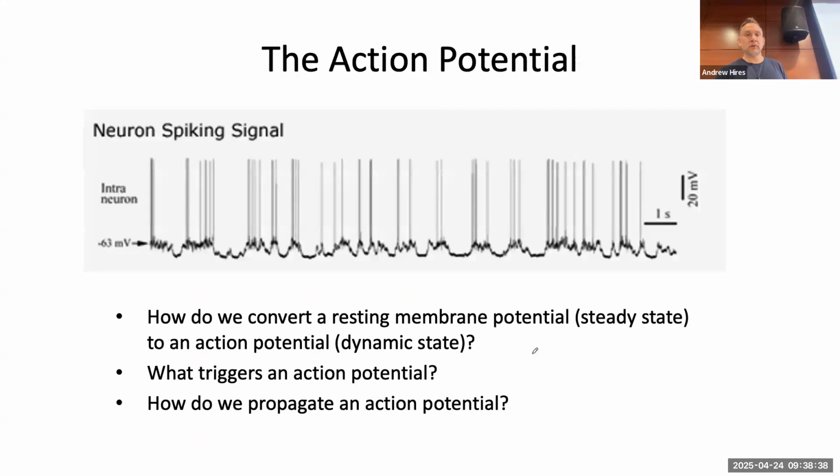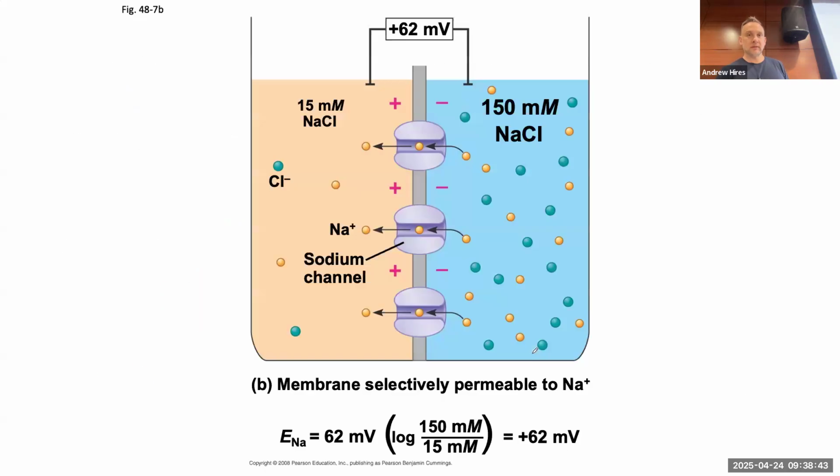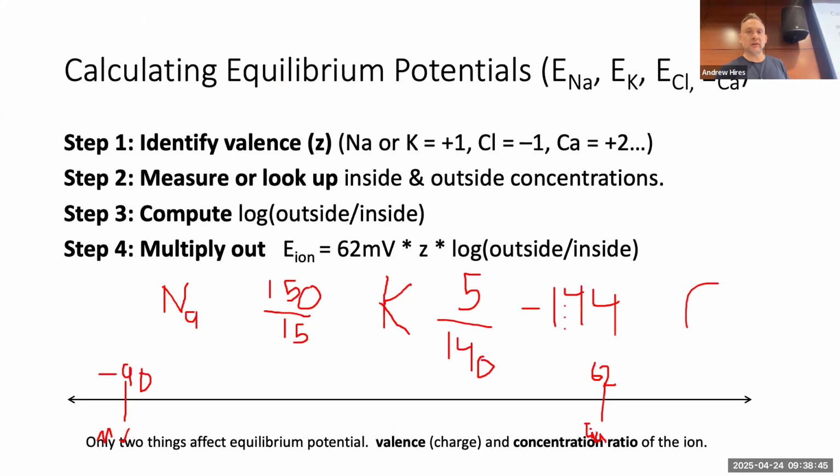So now we've got about 1.38 for our log of outside divided by inside. What's 1.38 times 62 times -1? -85. So maybe we're at -85 here for chloride.